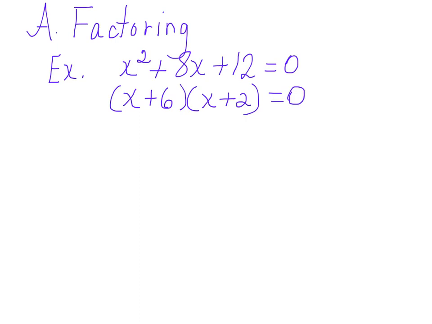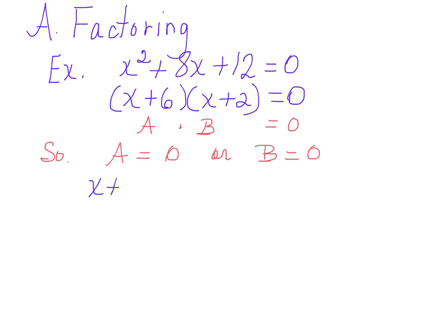According to the AC method, which is what we'll be using here, if A times B is equal to 0, what we should do is set A equal to 0 or set B equal to 0. So for our problem, we'll set x plus 6 equal to 0 or x plus 2 equal to 0.